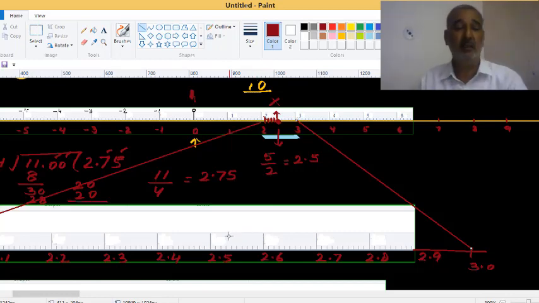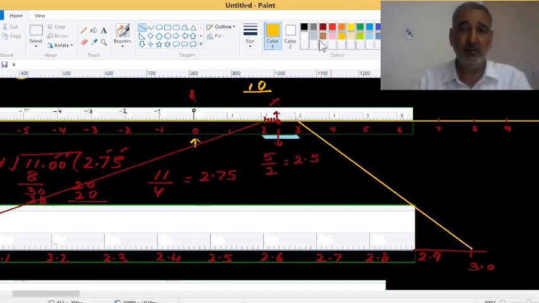Now exactly where does our number lie? Our number was 2.75. Where does this number lie? Let's see. I have this number 2.75.